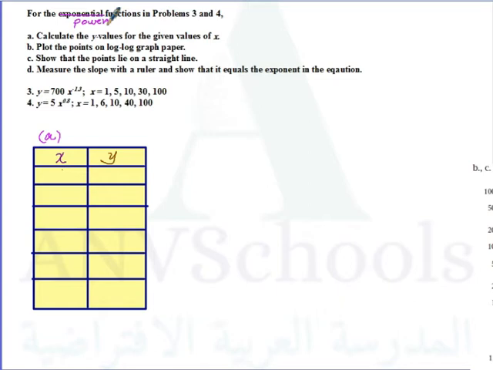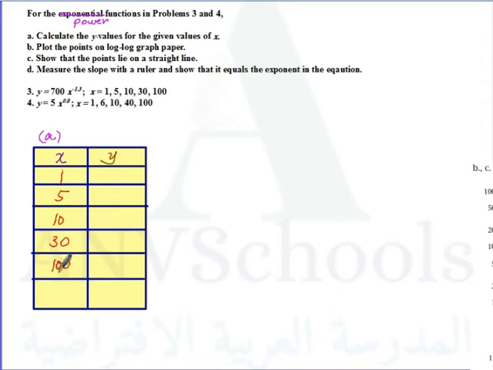Okay, so let us have the points. Our x is 1, 5, 10, 30, and 100. Let us write it here: 1, 5, 10, 30, and 100.